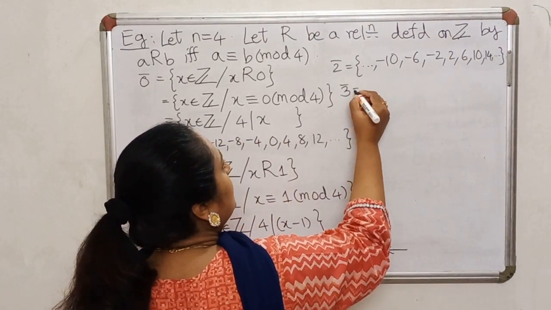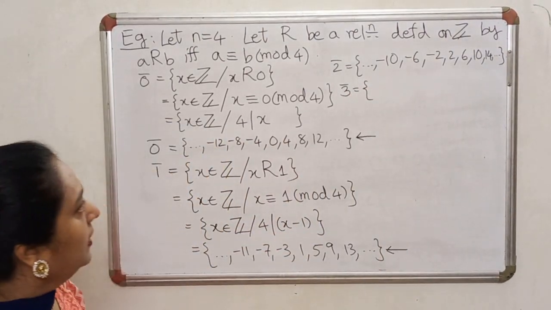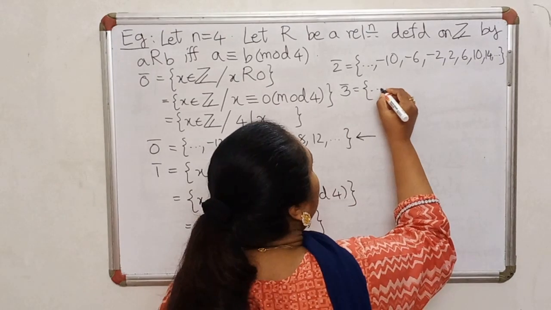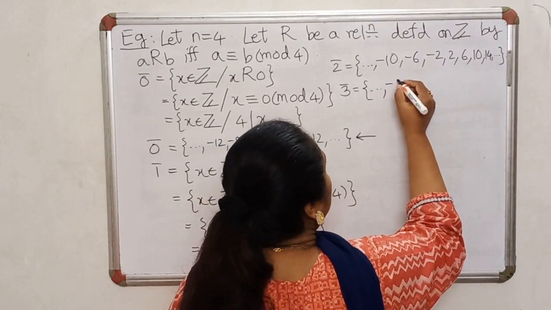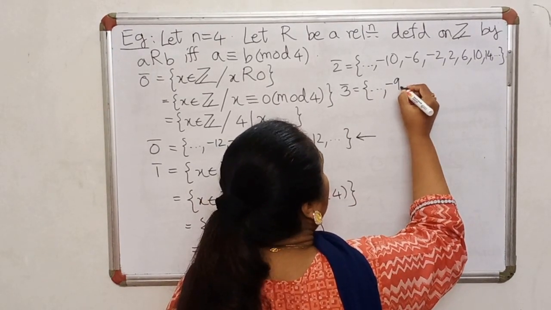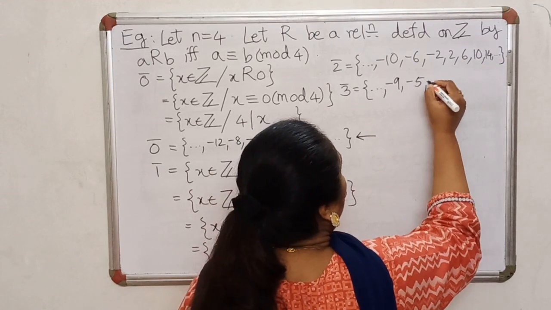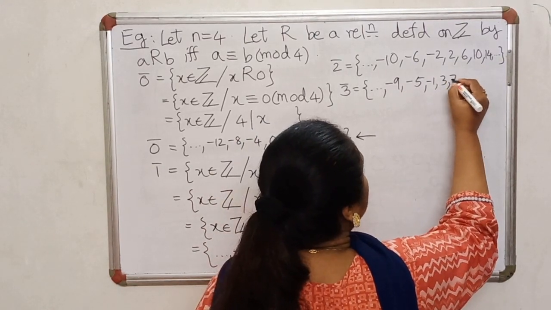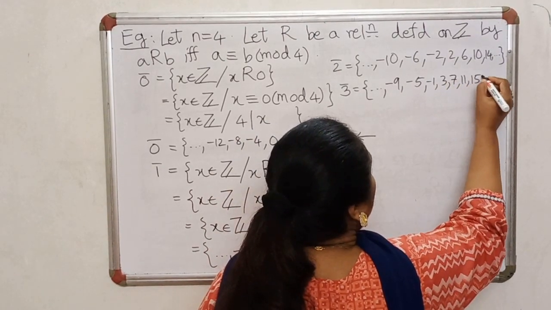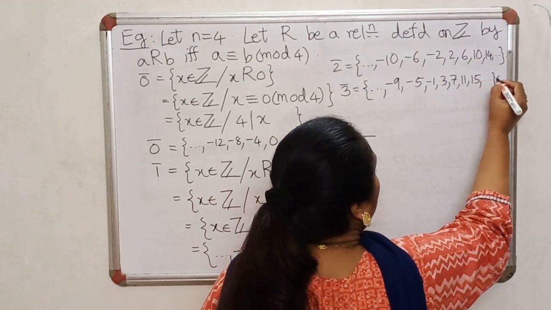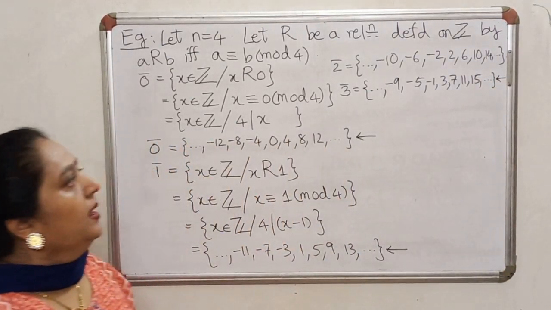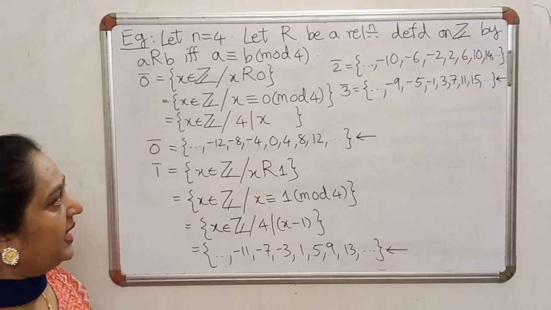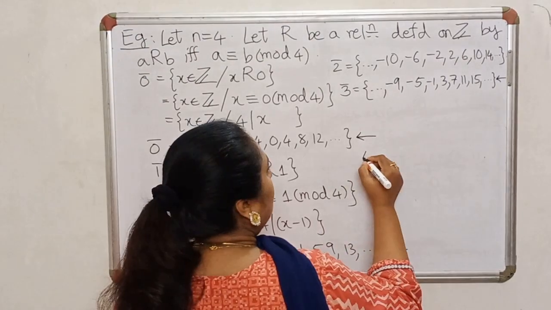And likewise, if you look at 3 bar, you are going to get minus 9, minus 5, minus 1, 3, 7, 11, 15, and so on. Let us also quickly calculate 4 bar.